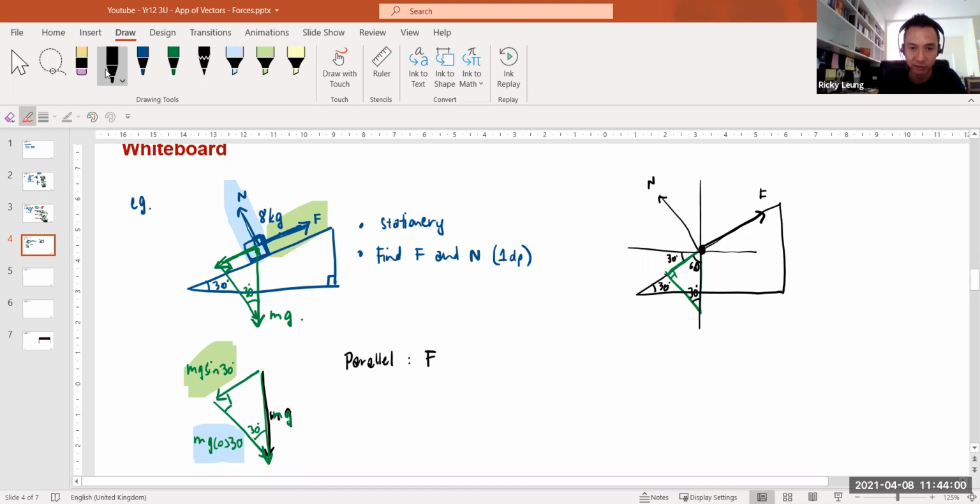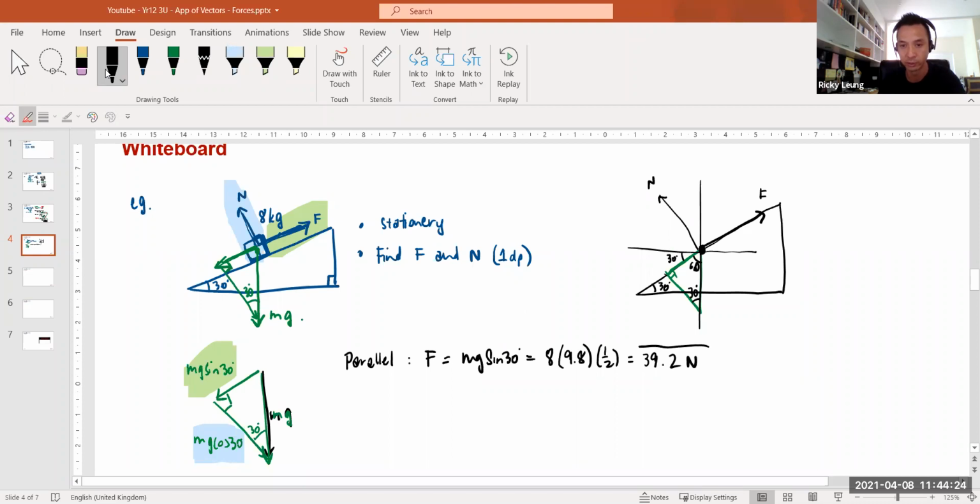So F equals mg sine 30, which, subbing in my values, is 8 times 9.8 times the exact value of a half. So what's that? 39.2 newtons.